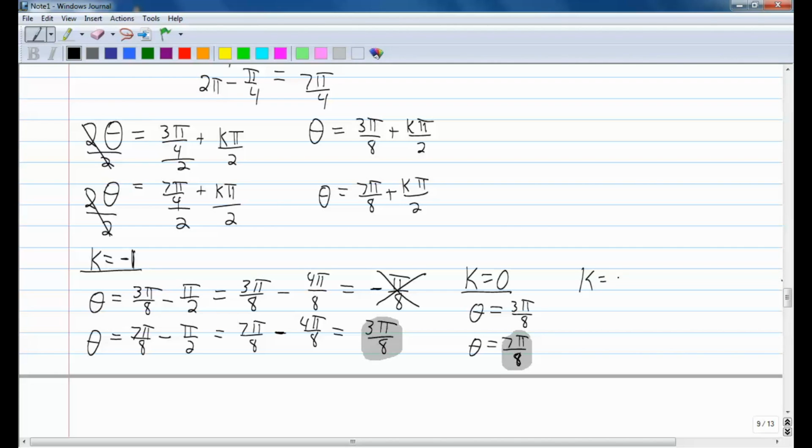Now let k equal 1. So if I plug in a 1, I'm going to have theta equals 3 pi over 8 plus, if I plug in a 1, I'll have pi over 2. And theta equals 7 pi over 8 plus pi over 2.